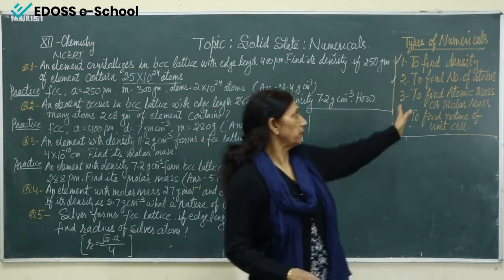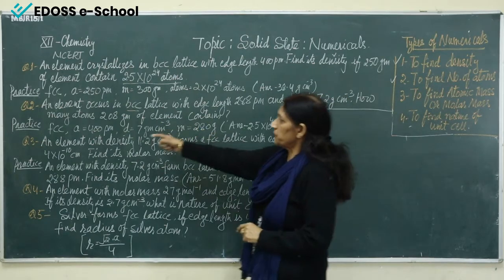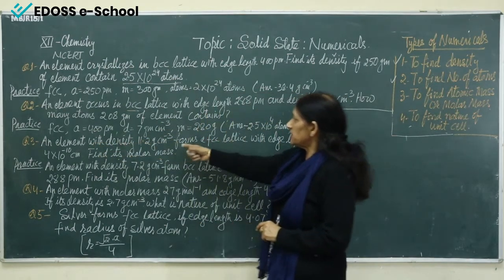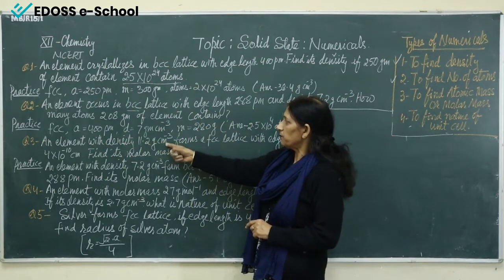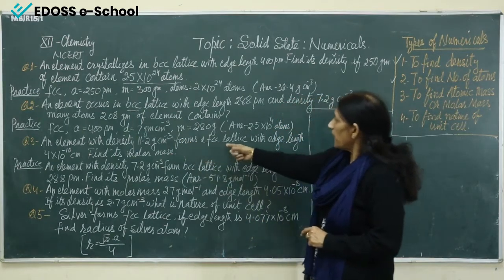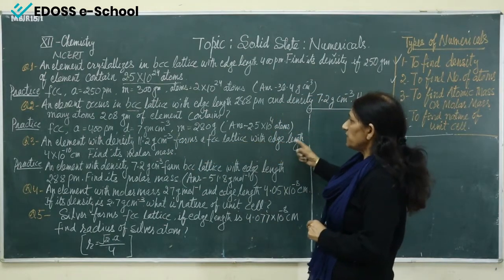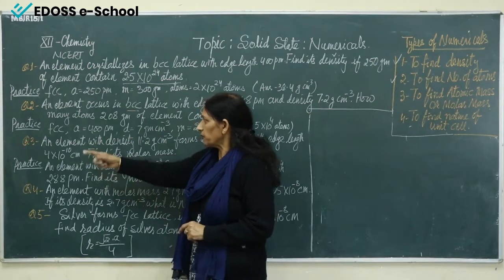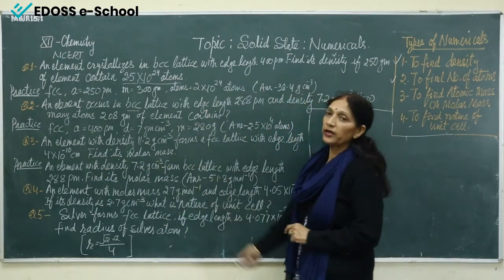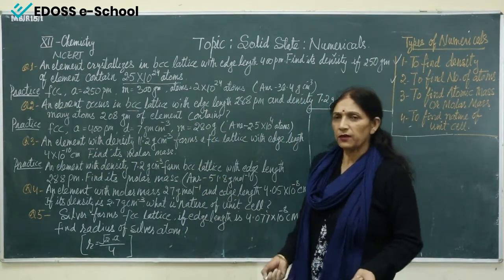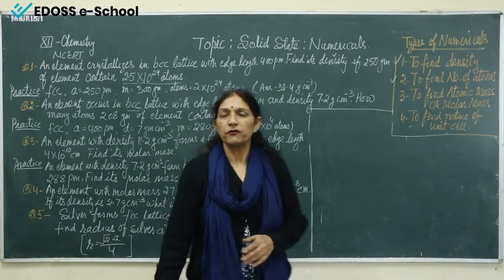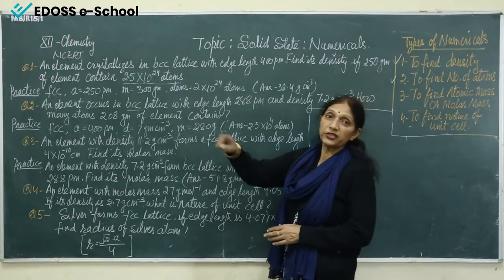Now coming to the third type of question. See here, this is the third type of question. An element with density 11.2 gram per centimeter cube forms an FCC lattice with edge length 4 into 10 raised to power minus 10 centimeter, and you have to find its molar mass. So first, in the same way, we will write what is given to us.